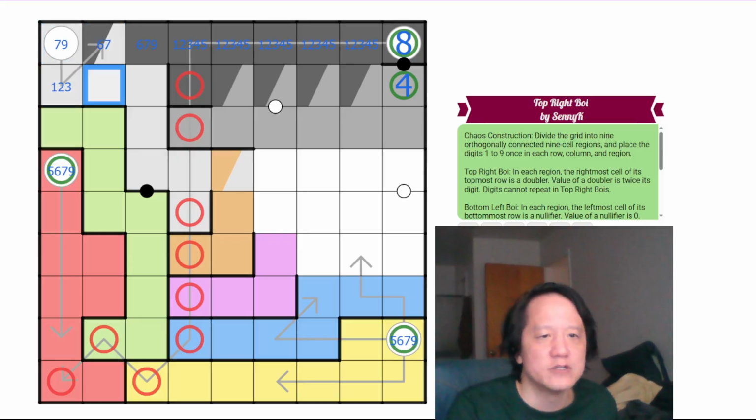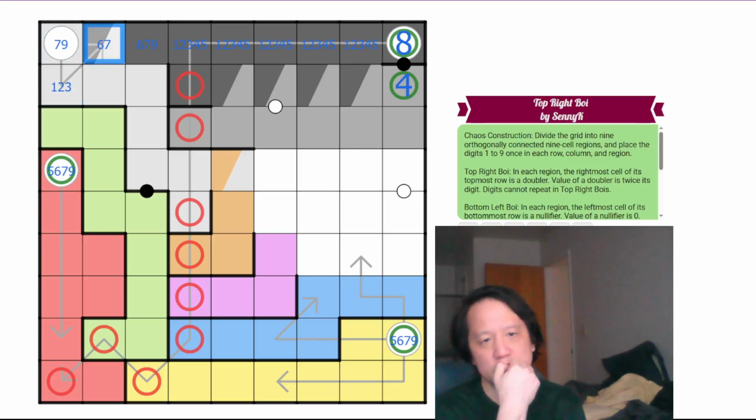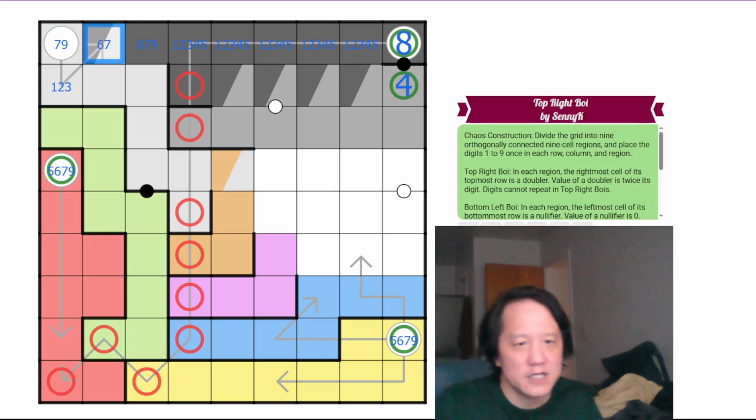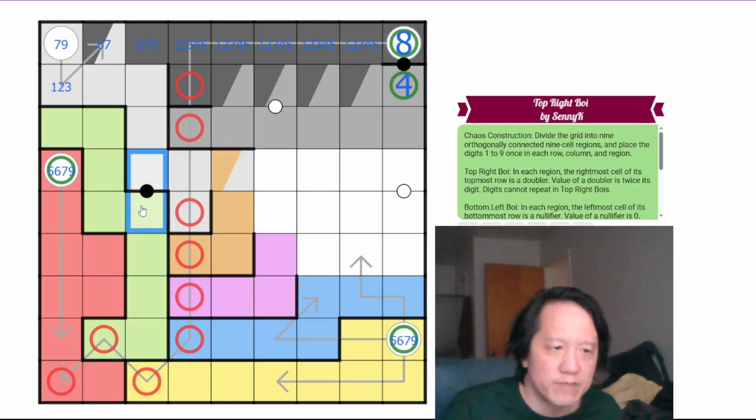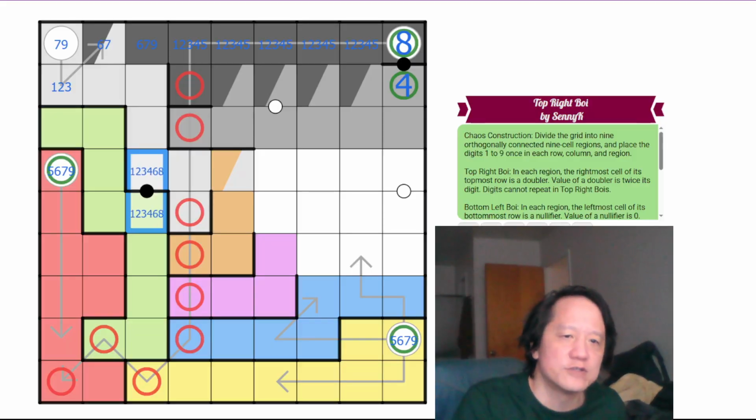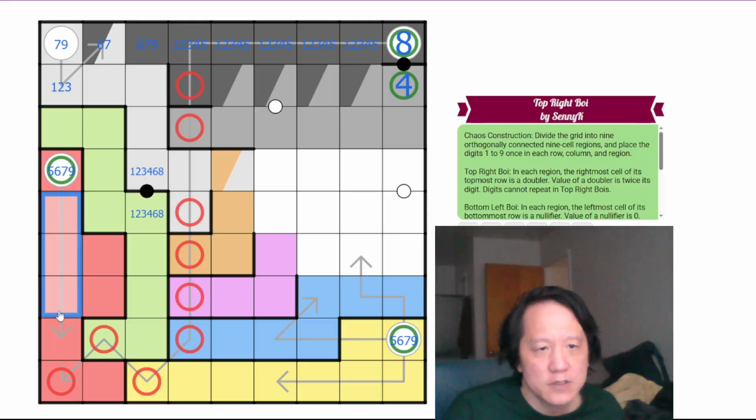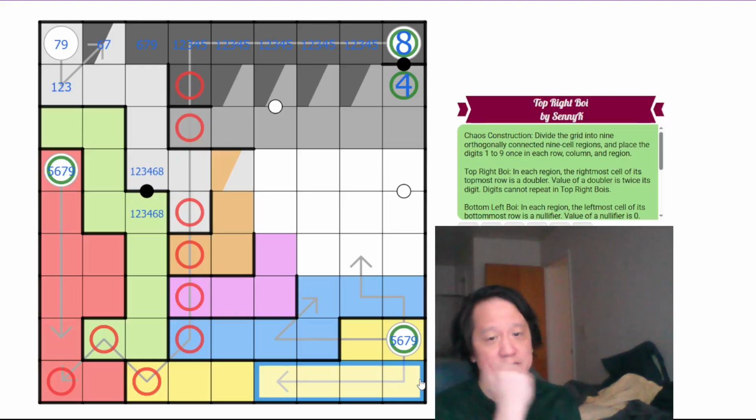Yeah, it would have to be 1 and 6 if that's the case. Okay. Neither of these are top right boys or bottom left boys, so it's 1, 2, 3, 4, 6, 8 next to it. This either adds up to 10, 12, 14, or 18. So does this: 10, 12, 14, or 18.